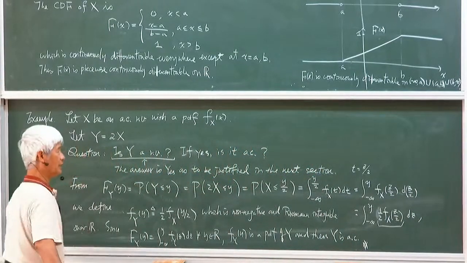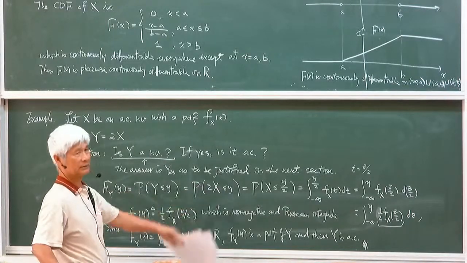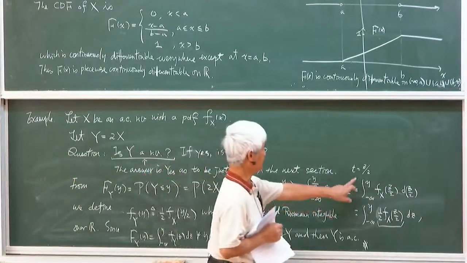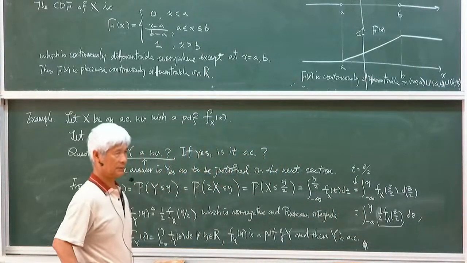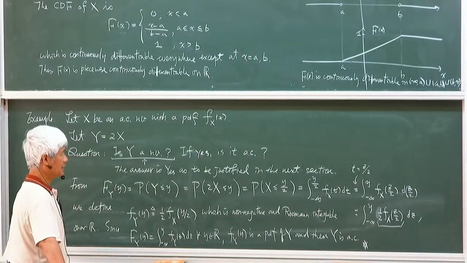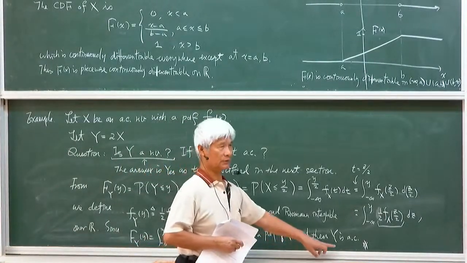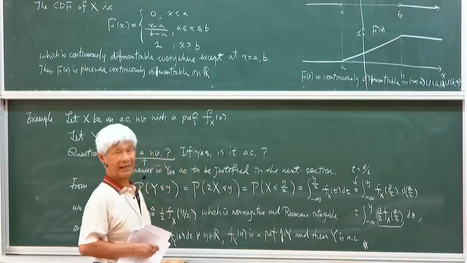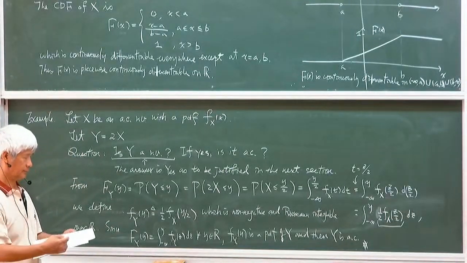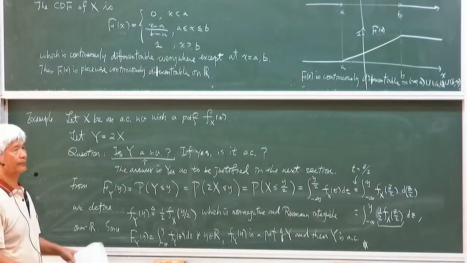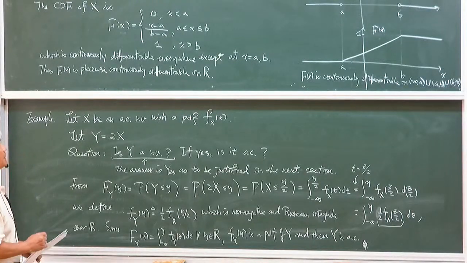So we find a PDF of Y directly from the change of variables. Once we have a PDF, then of course the random variable Y is absolutely continuous.